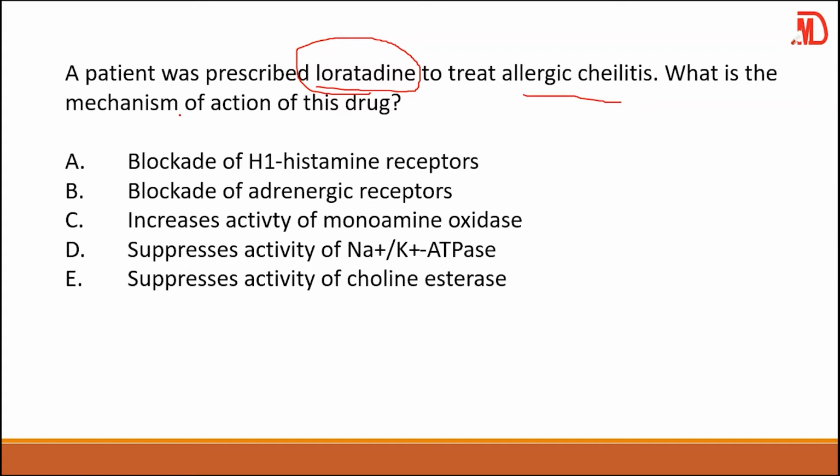What is the mechanism of action? Even before going to your answers, you already know the group of drug. When your pharmacology is solid, you know this: antihistamine, which is the same as blockage of H1 histamine receptors. So your answer is A.